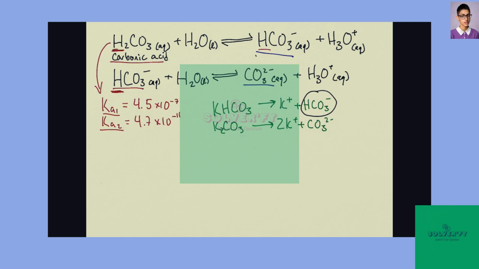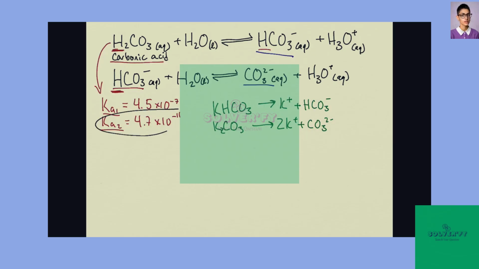HCO3- is in both the first and the second equation, but CO3 2- is only in the second. So we know that we're dealing with the second equation here, and therefore Ka2.